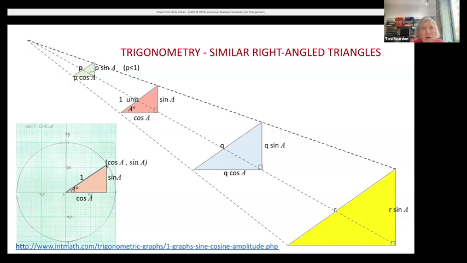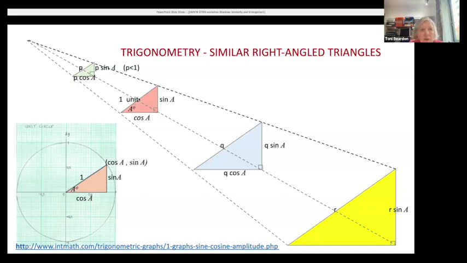And if you teach upper secondary, you know that the general angle is given by this diagram of the unit circle, and the point moving round has the x coordinate as the cosine and the y coordinate as the sine.